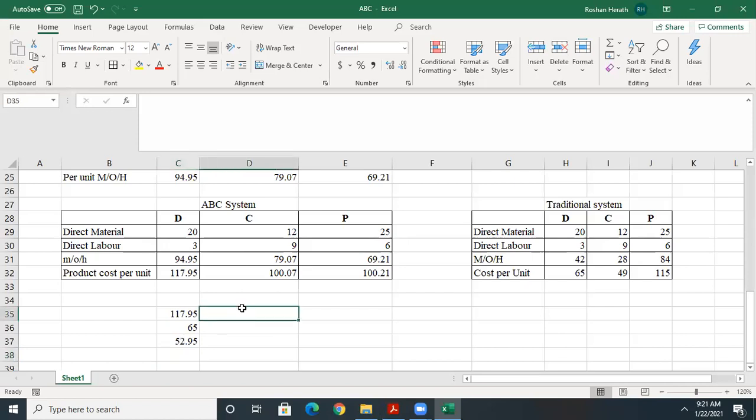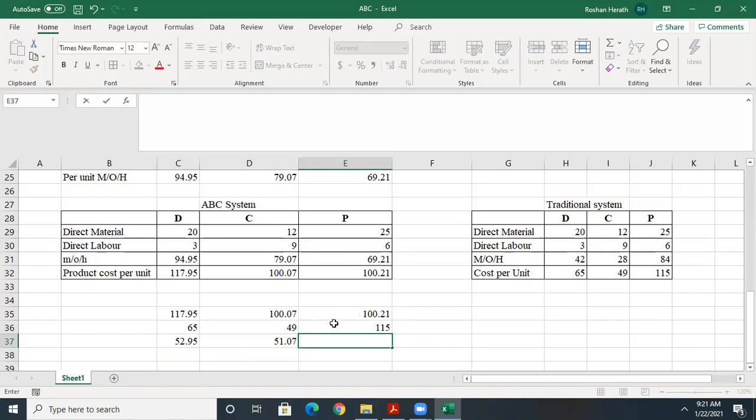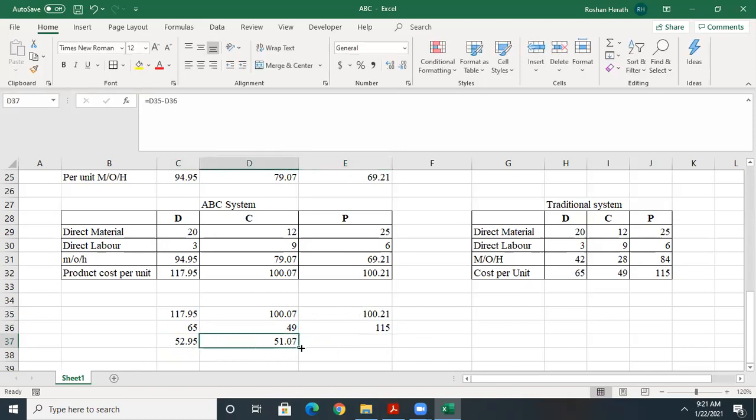Then if you consider the second scenario, it was 100.07 and it was 49. And if you compare that, you can see that again it is an undercosting scenario. And finally, that time it has resulted in an overcosting scenario.